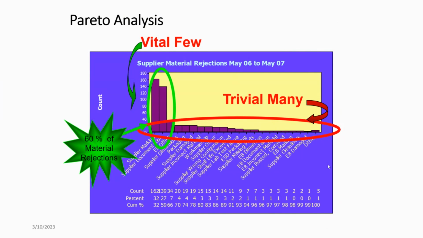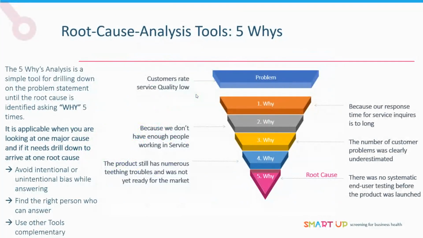The root cause diagram allows us to identify all the causes. எல்லா காசையும் எடுத்து நல்லா அனலைஸ் பண்ணி பார்த்தா you will come to know that there are 1, 2 or maybe maximum 3 causes that are actually causing the problem. அந்த மூணு பிரச்சனையை ஹேண்டில் பண்ணா our problem will come down. So that is the concept of Pareto analysis. We will see more examples on Pareto analysis. I'm just introducing you to that now.